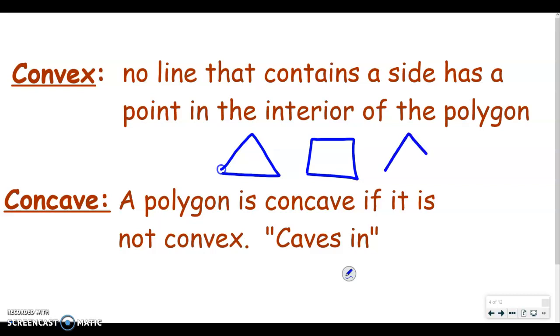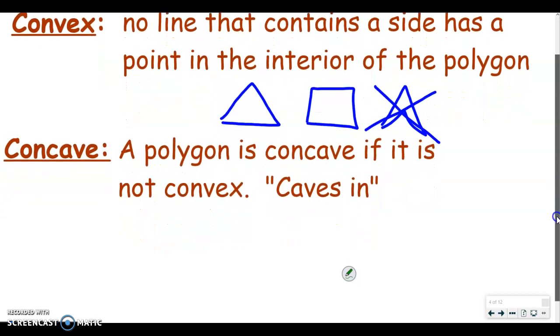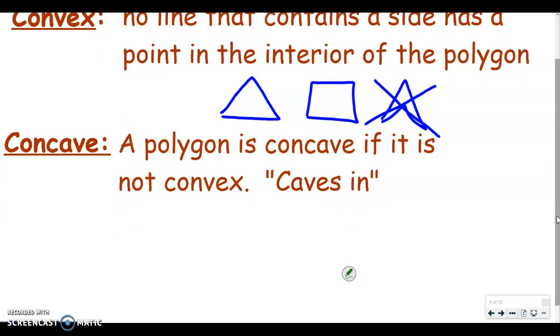However, I could have a 4-sided figure like that. That does not work. It has a point on the interior. So concave is the other. A polygon is concave if it is not convex, or it caves in.